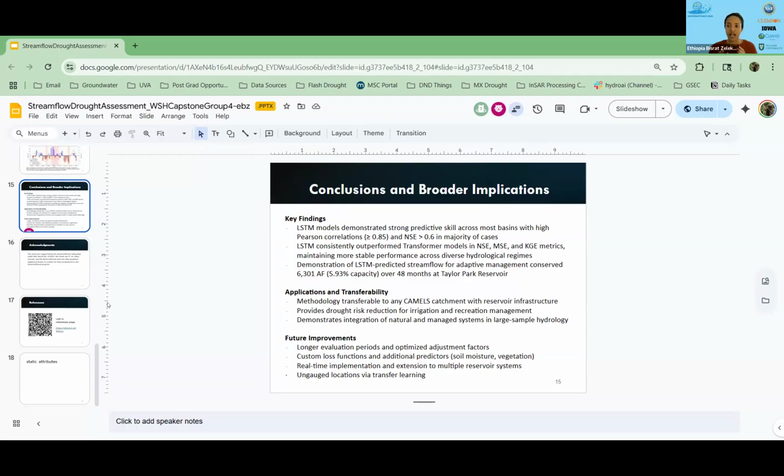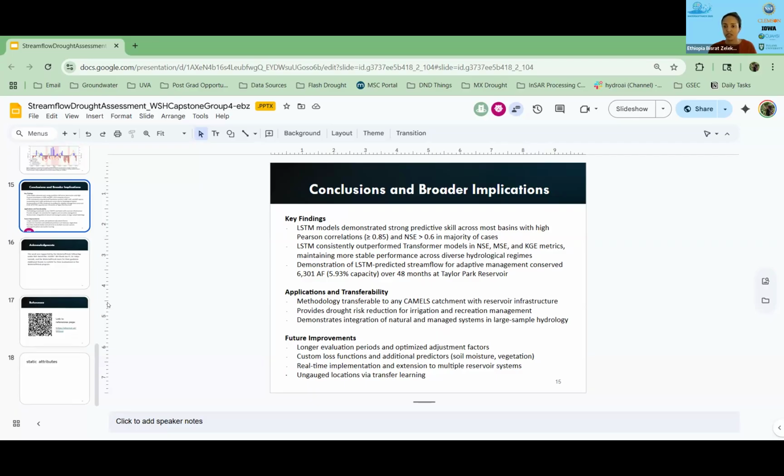So instead of just having a forecast or long-term prediction, this could be more useful if it was operationalized, where we would add new data, update the model, and then construct our time series accordingly. That would also help us see how the predicted drought values are changing over time, and then adjust our decisions based on those.